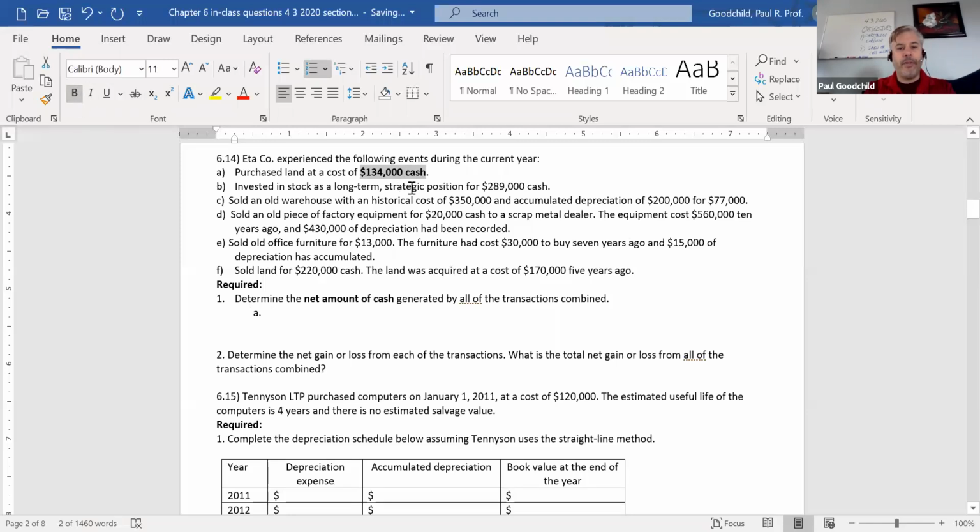So we have 134,000 in cash there, 289,000 in cash there, we sold it for 77,000 in cash there, $20,000 in cash here, $13,000, we're assuming that's cash, and then land cash, that one didn't bold for me.